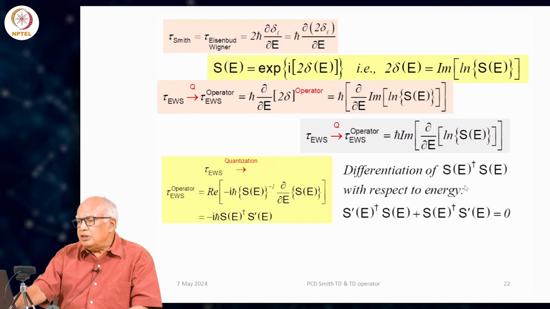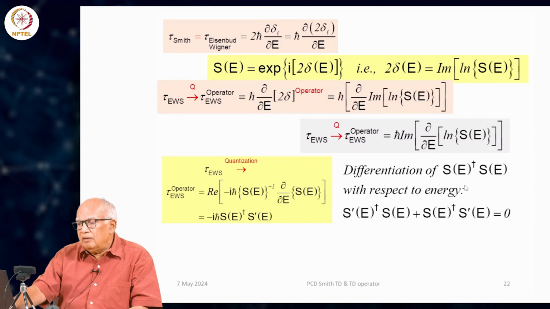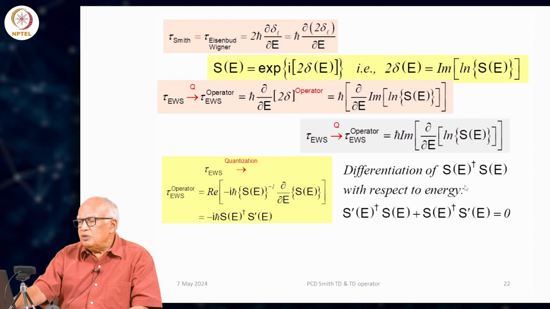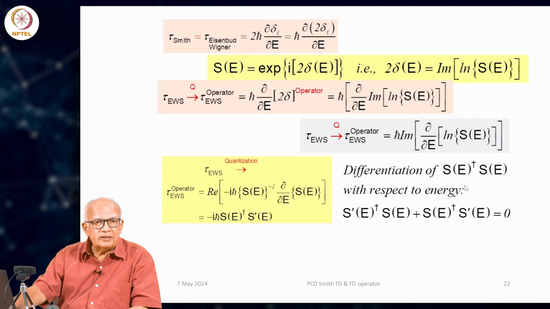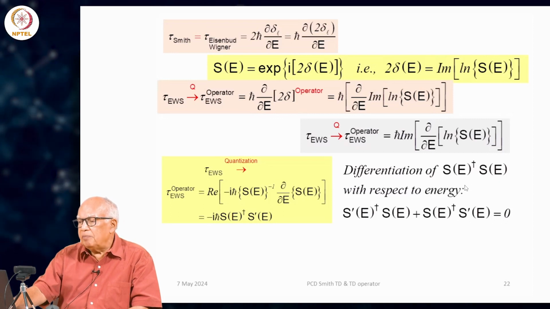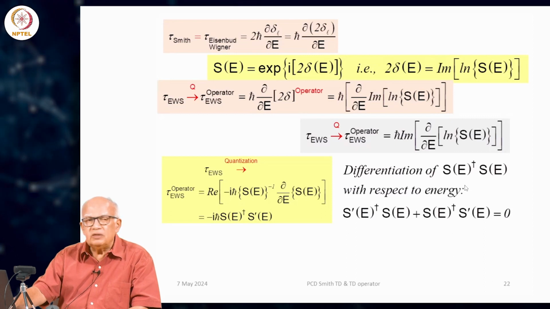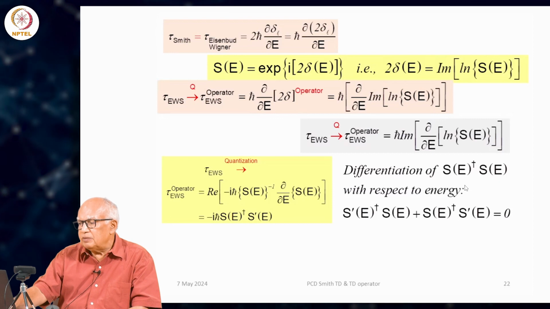and this is important because with a very simple differential analysis, you can take the derivative of S dagger S, which gives you the relation, where prime represents the derivative with respect to E, S prime dagger S plus S dagger S prime equal to 0.